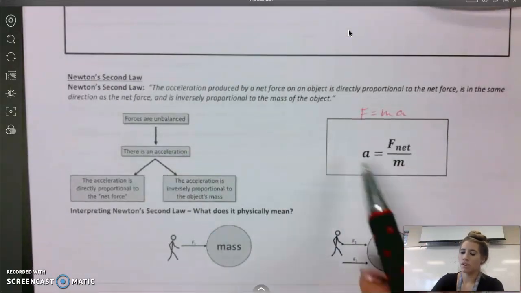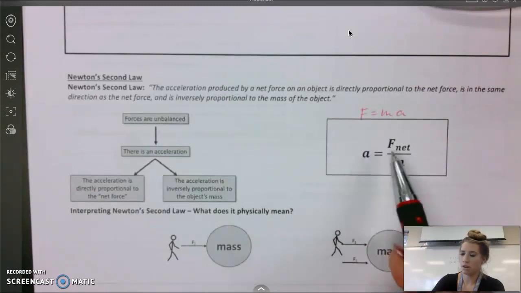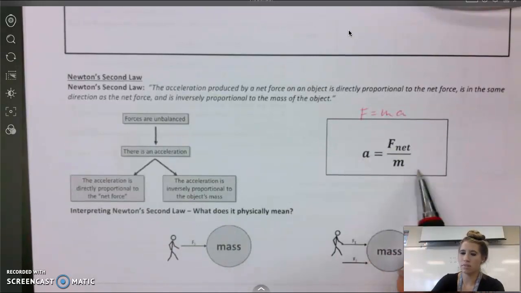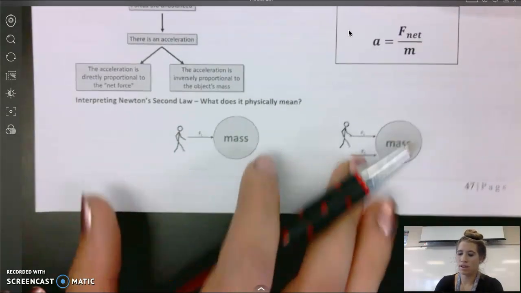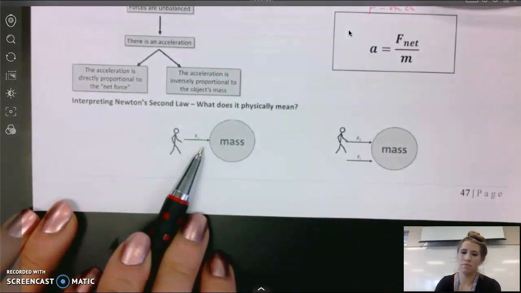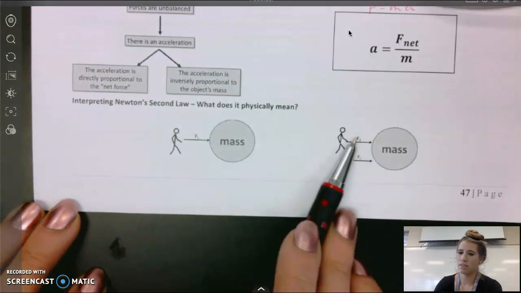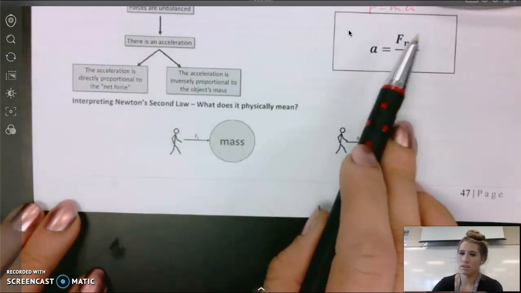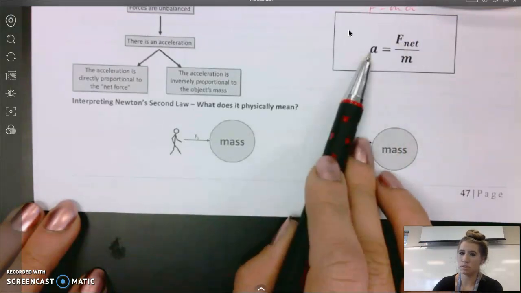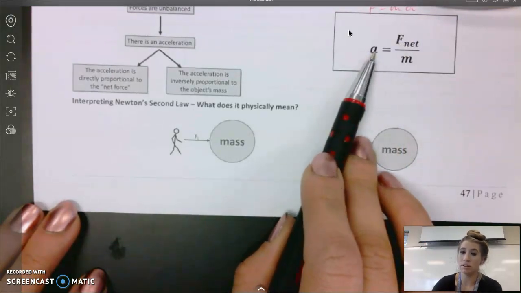So if our acceleration got bigger and our force stayed the same, then the mass had to get smaller. Inversely, one goes up, the other one goes down. So if we have some mass and we're applying some force, and then we double our force, but the mass stays the same, acceleration also doubles.